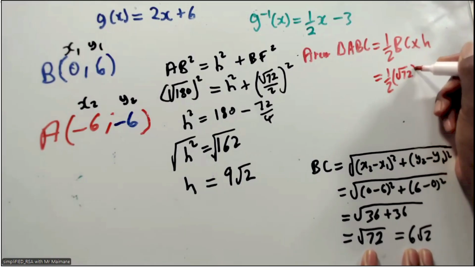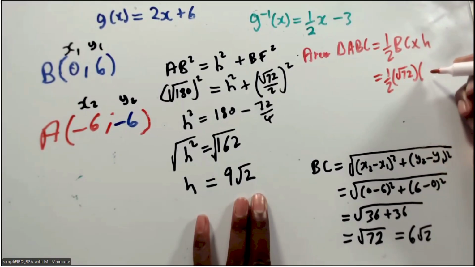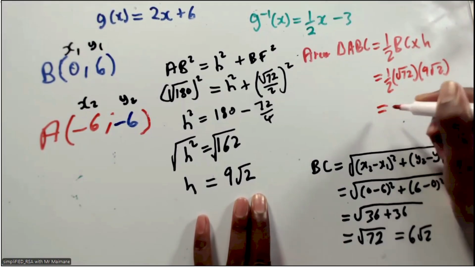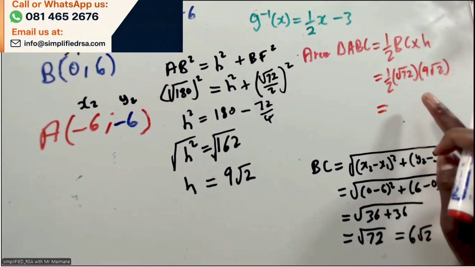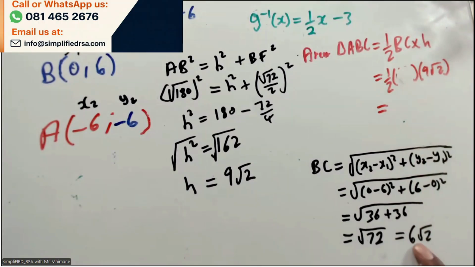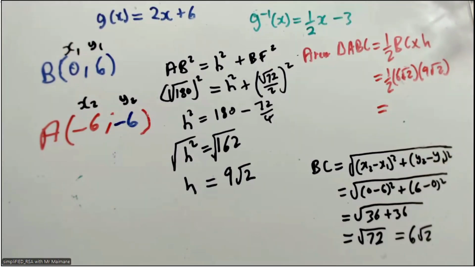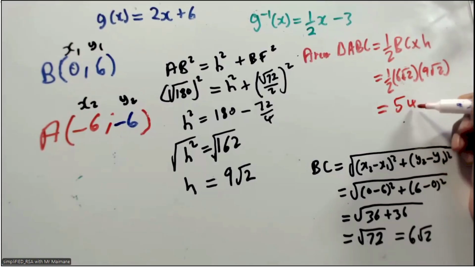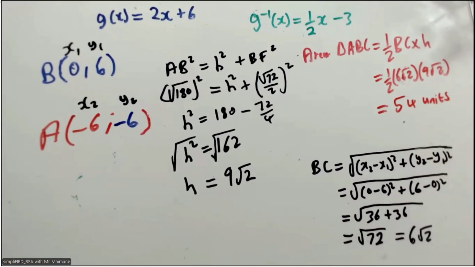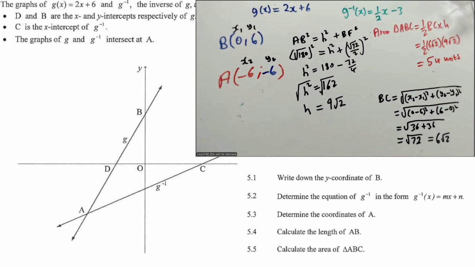Let me just put it as the square root of 72 times the height, which will be 9 root 2, like that. Whatever answer I get, even if I don't put it as the square root of 72, I can put it as 6 root 2. Therefore, if I punch that on a calculator, I get that the area is equal to 54 units. So that's how you get the area of triangle ABC.